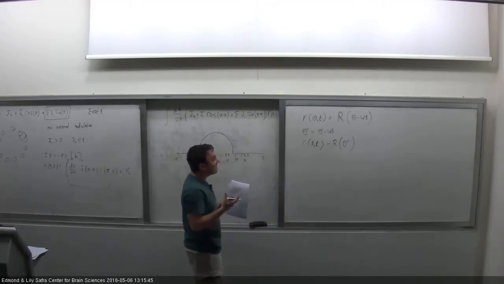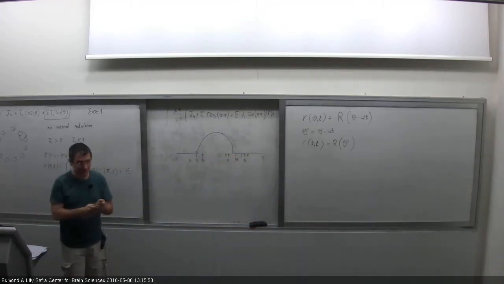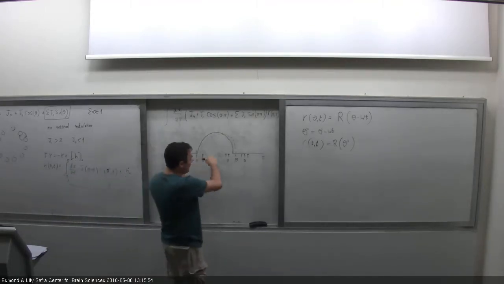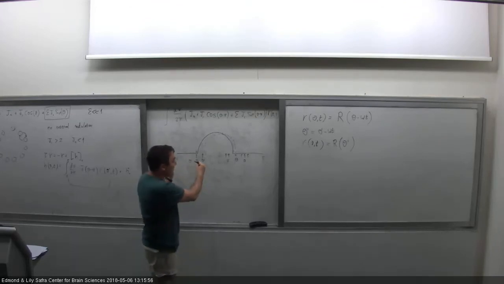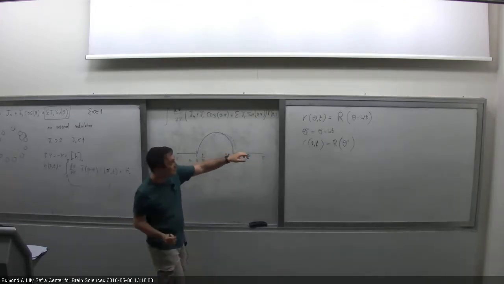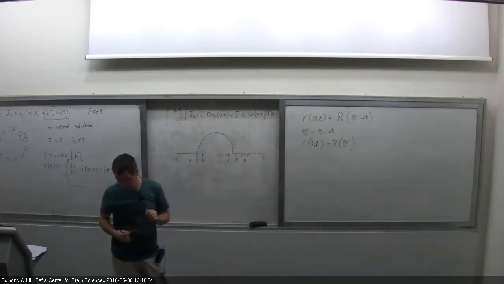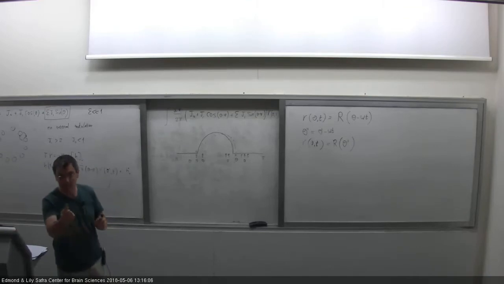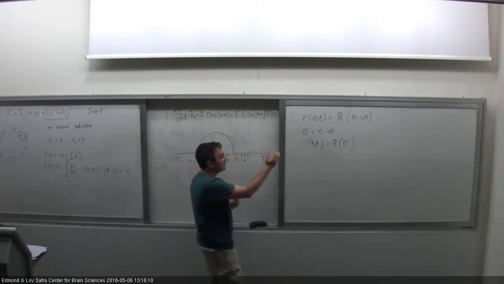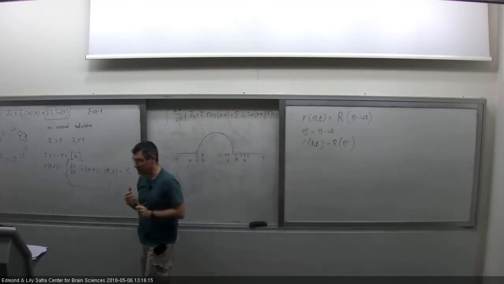Now, a way to think about this solution is, previously we were thinking about a bump on a ring. We can think about a bump that is moving along the ring, or we can think about a set of coordinates that is moving periodically. In this set of coordinates that is moving periodically, we'll have a stationary bump.